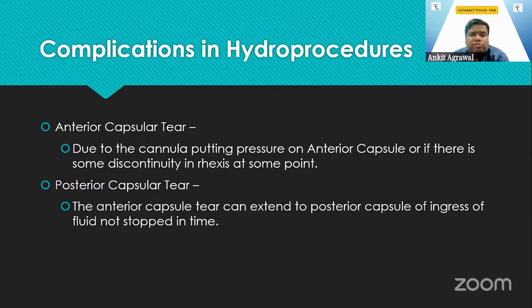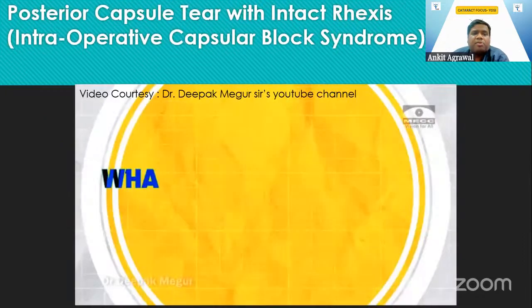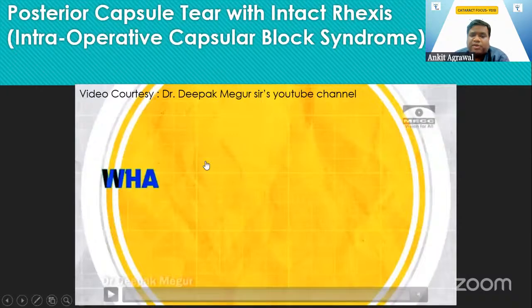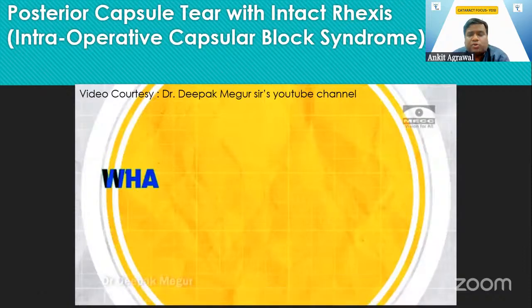Coming to the posterior capsular tear, when you don't notice the anterior capsular tear happening, the same can extend to the posterior capsule if the ingress of fluid is not stopped in time. Coming to the most important, that is the intraoperative capsular block syndrome. This video is courtesy of Deepak Negur's YouTube channel, and it's a very important complication.